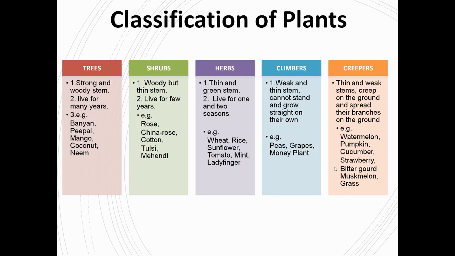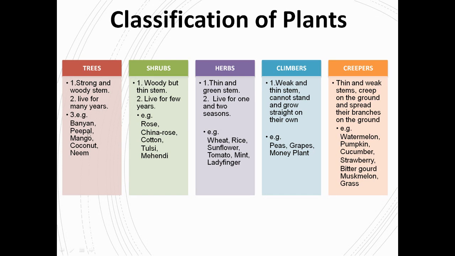So let's recapitulate through this mind map on the basis of lifespan and size. The first category we have studied, already we know about it. Trees, they are strong and have a strong and woody stem. They live for many years.